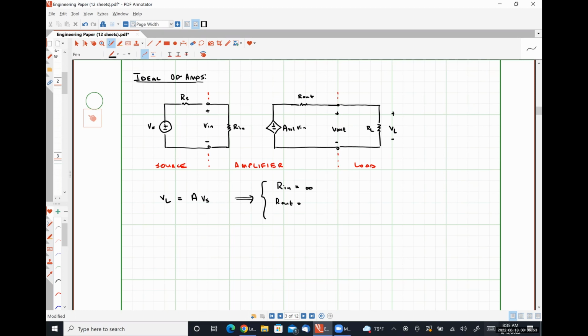Well, we can't replace it with an open circuit here, because if we did that, none of our voltage being supplied by our dependent source makes it to our load.